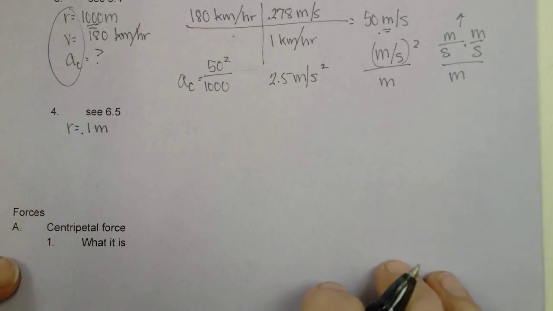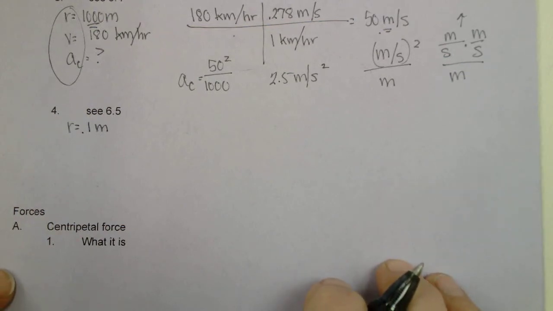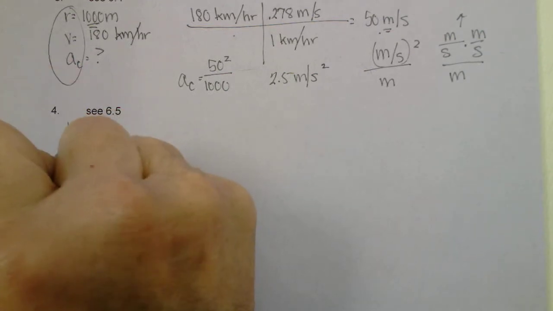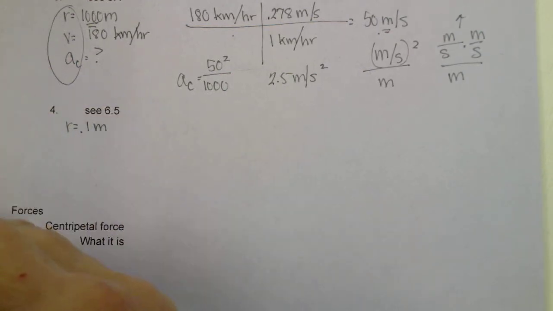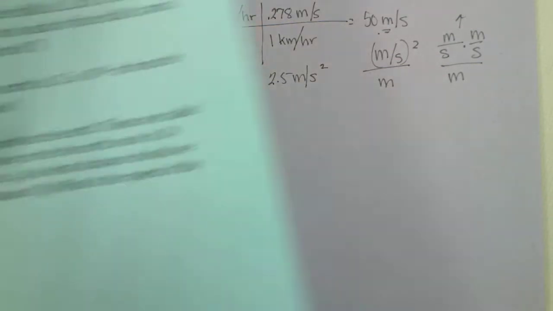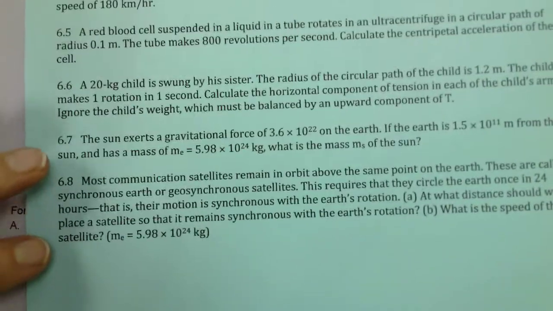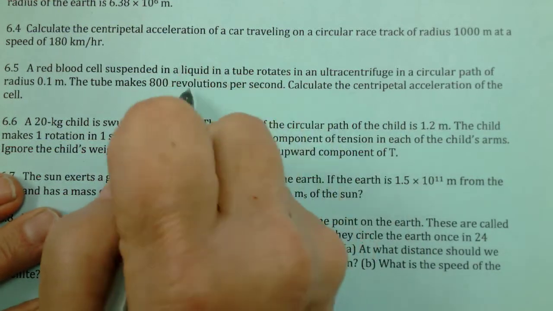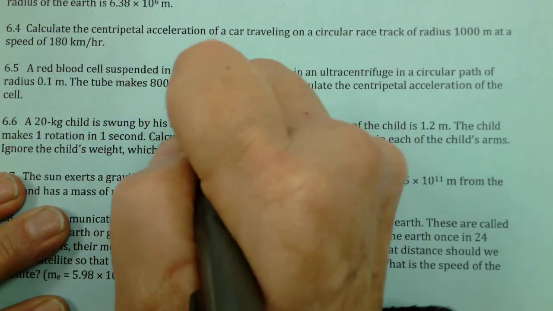I know that it makes a circular path, or it makes 800 revolutions per second. So is that theta? Is that S? Is that V? Is that omega? Let's look at it. Boy, am I happy about this. I got to tell you. It is 800 revolutions. Okay, that's theta.